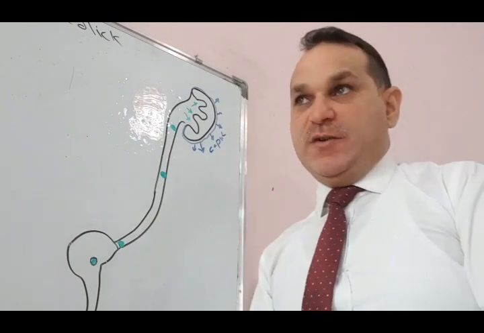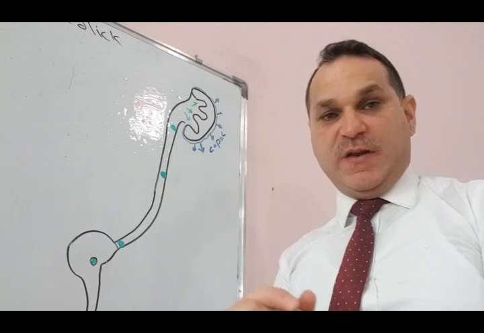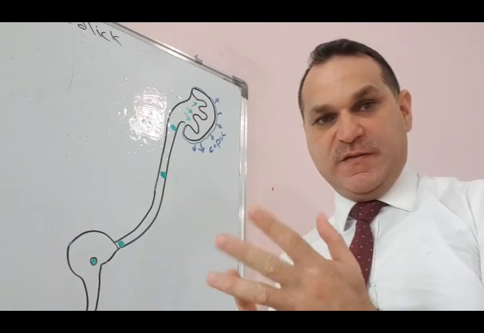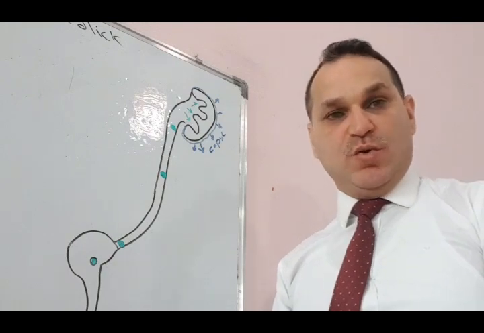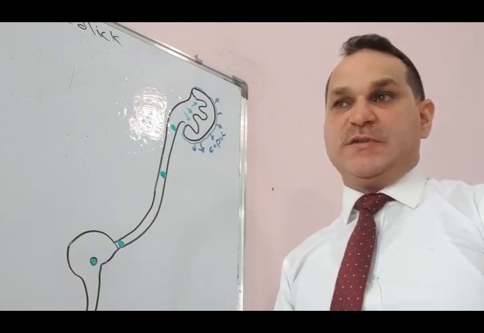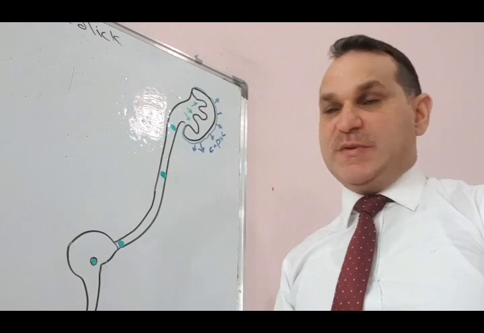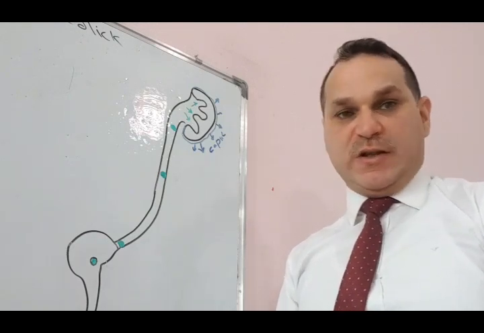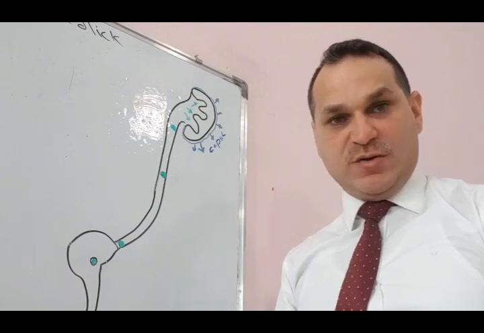For intervention, we should intervene in the following groups. As I said, first, those who failed conservative treatment. It means the patient lasts more than 2 weeks with his stone and doesn't pass the stone.